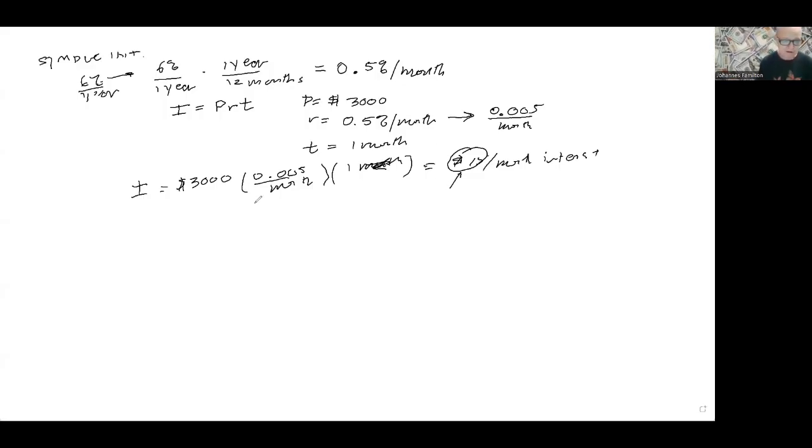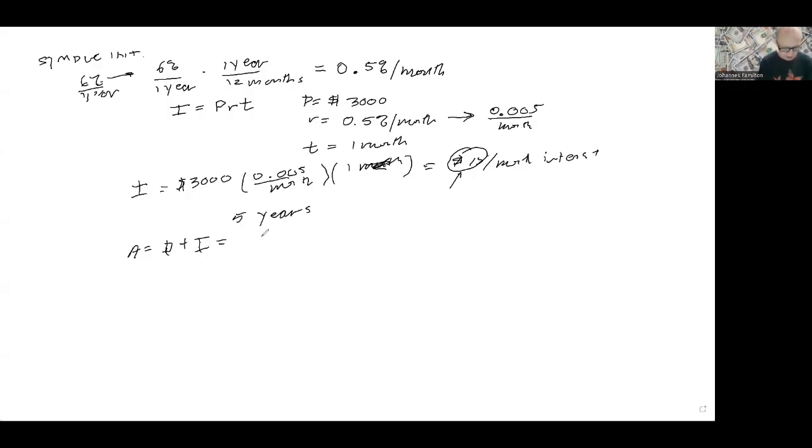Okay? So now we're doing this for 5 years. So again, we use our simple interest accumulated amount. A is equal to principal plus interest.